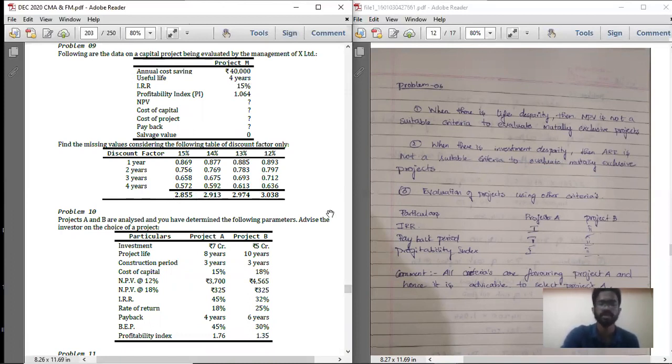They gave 2 projects, and if the project life for both is different, then you should not use NPV. If you use NPV, the full sum is wrong.